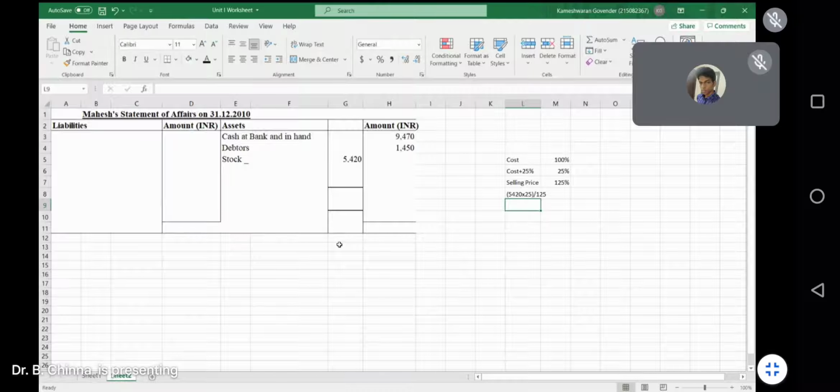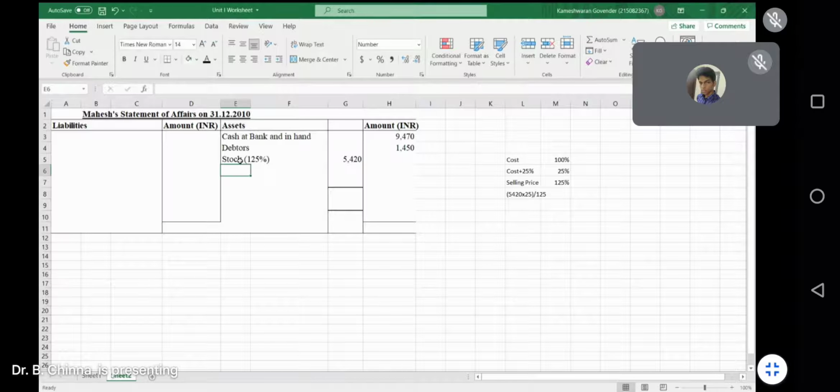Can somebody please explain this formula, why we are calculating this? Because here the stock was informed as 125%. Can you all understand why it is 125%? Because the question says it is 25% on the cost.